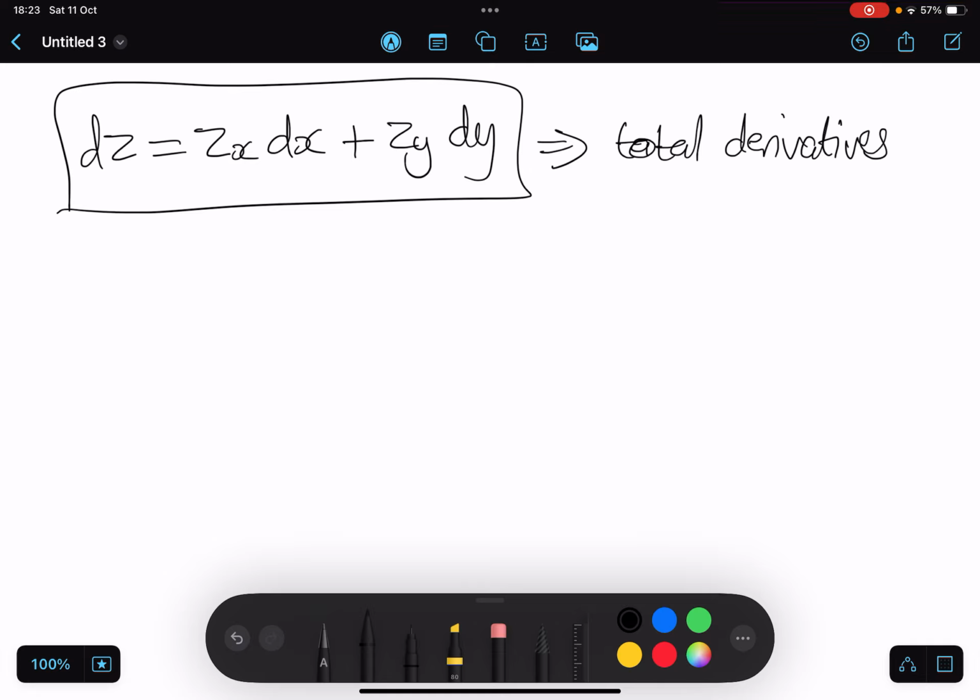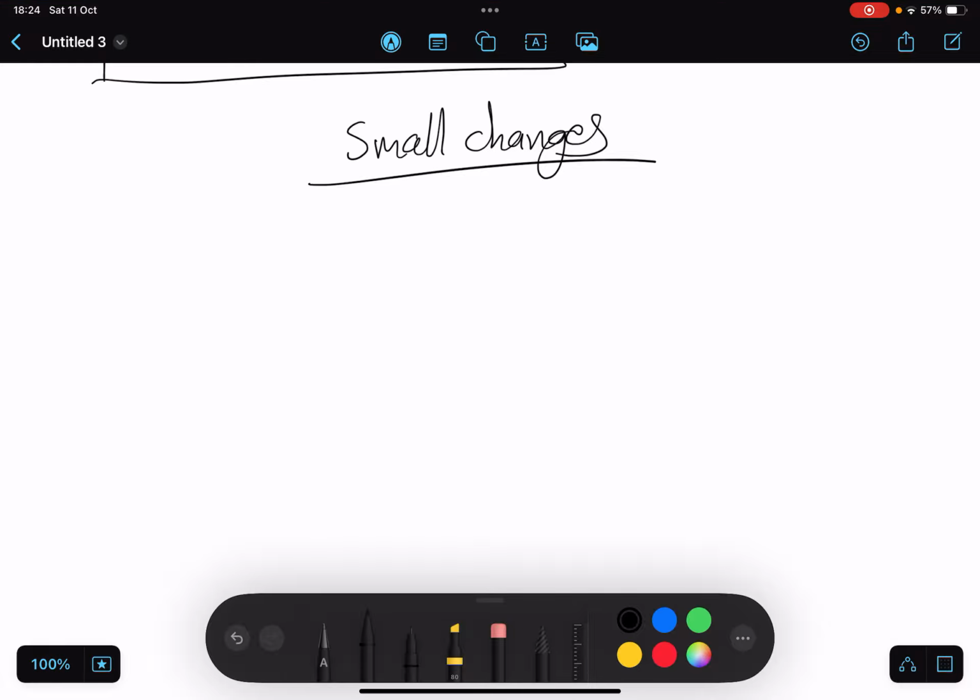Okay, so now let's move to another concept, whereby we still apply derivatives, but we're using the concept of small changes. Remember that when you're doing calculus 1, dy dx is equal to the limit as delta x tends to 0 of delta y over delta x.